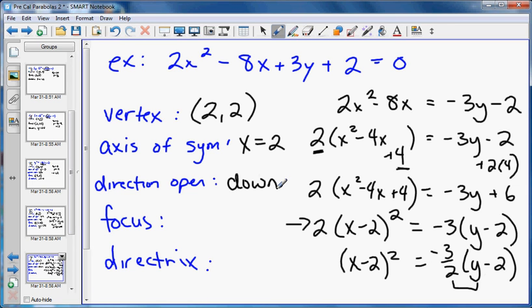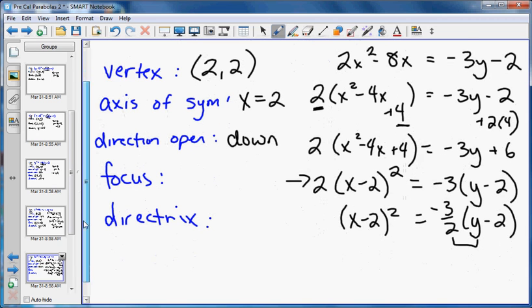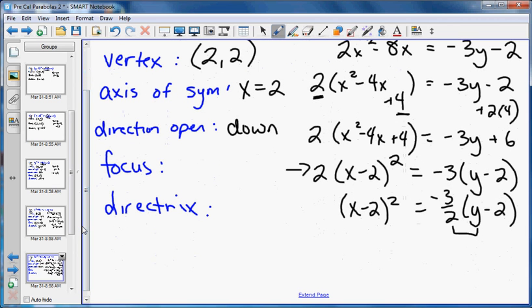And for the focus, we need to find P. So 4P is equal to negative 3 halves. If I divide both sides by 4, I get that P is equal to negative 3 eighths, or negative 0.375, if you want to have the decimal.